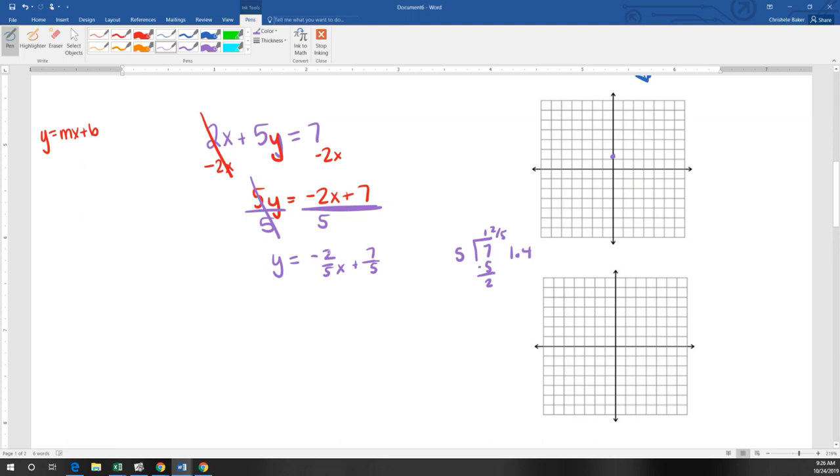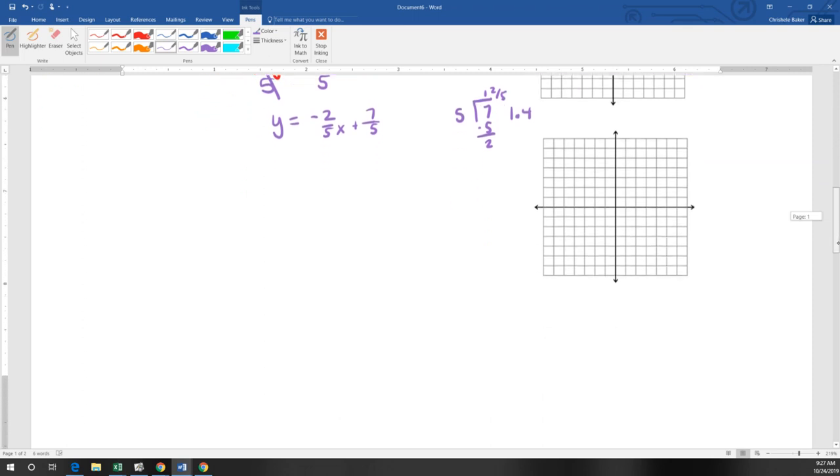Now my slope is down 2 to the right 5. 1, 2, 3, 4, 5. I can also go up 2 to the left 5. 1, 2, 3, 4, 5. Beautiful, gorgeous. Okay, let's try another one like that.